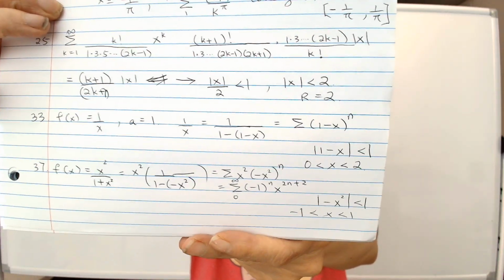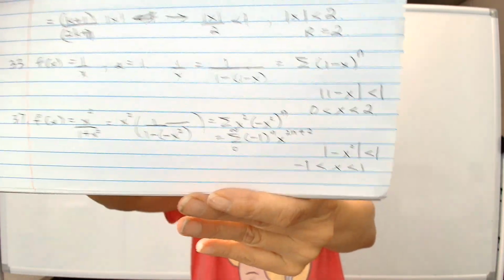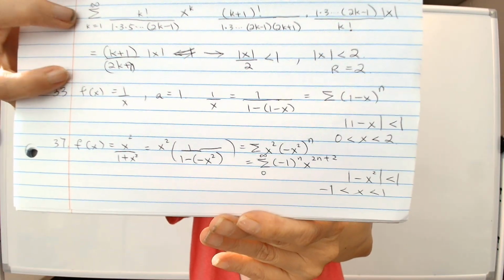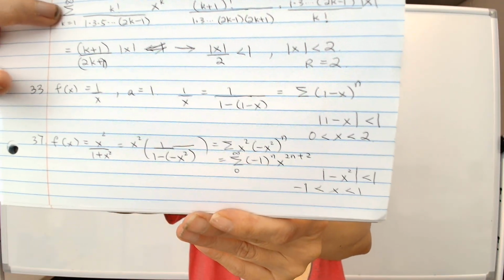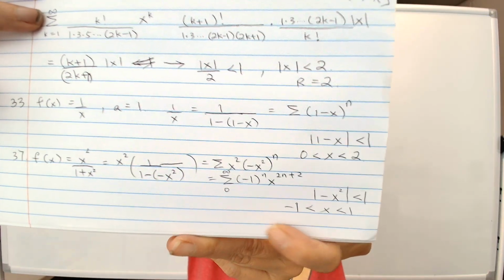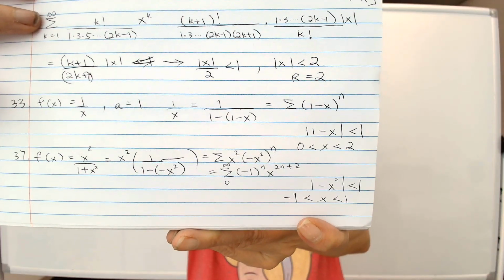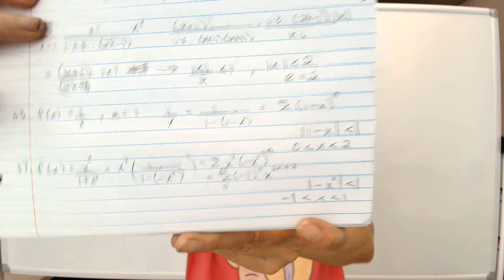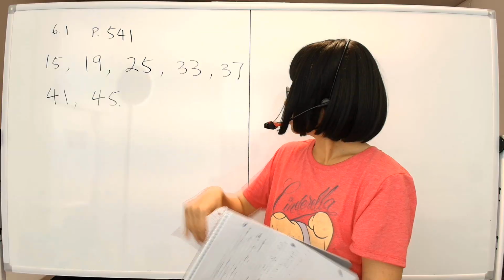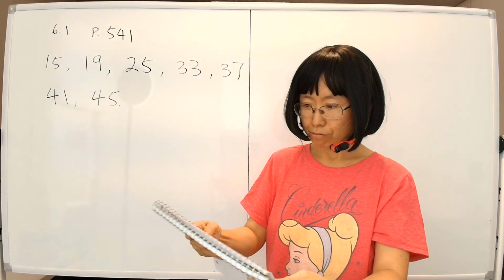And next, problem 33. Oh no, in problem 33 we're doing something different. We are trying to beat the function into the geometric series format. So you do that, and then you come up with some infinite series and figure out what the radius of convergence is, same as problem 37. Next, we have problem number 41.